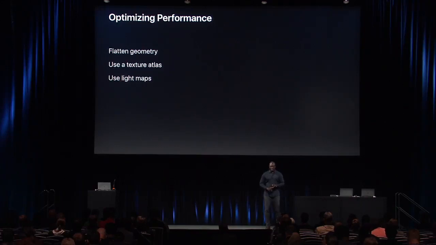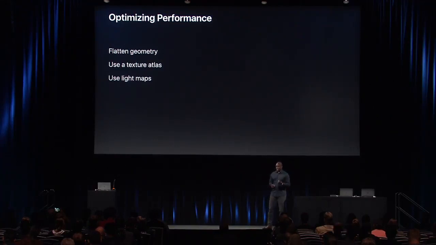And it works in tandem with the geometry flattening to make sure that you have the fewest amount of draw calls possible. And lastly, using light maps to add that rich visual detail to your scene and not pay any performance penalty for it on the GPU. Let your artist go crazy.